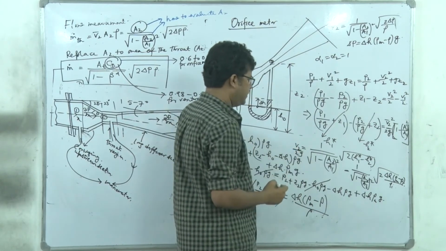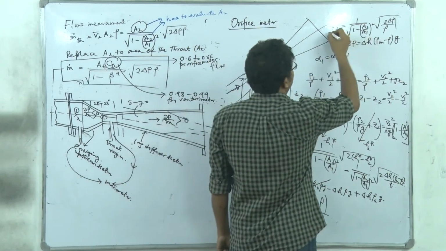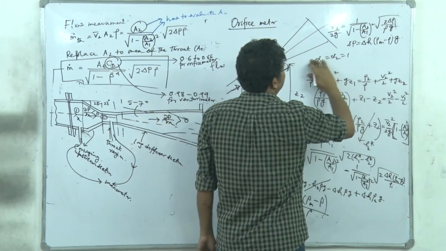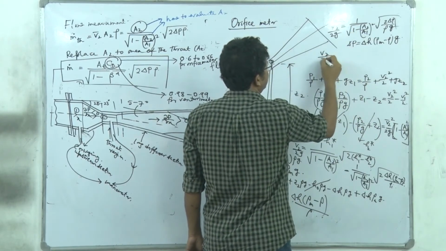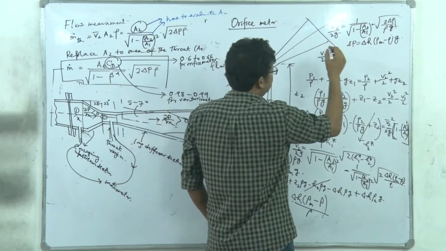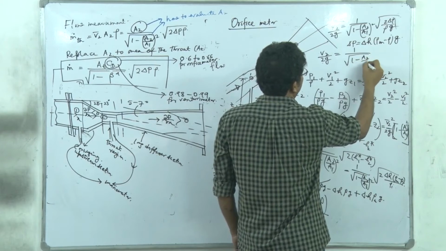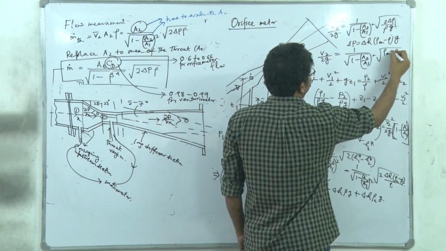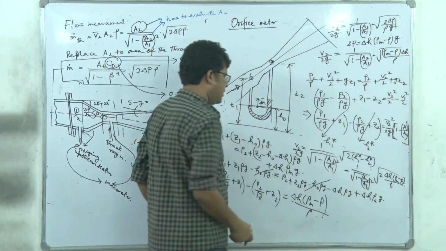So here also it is V square divided by 2G, and here it will be rho G. So finally V2 square by 2G is equal to 1 divided by 1 minus A2 by A1 whole square into rho m minus rho into delta H divided by rho. The same equation as this.